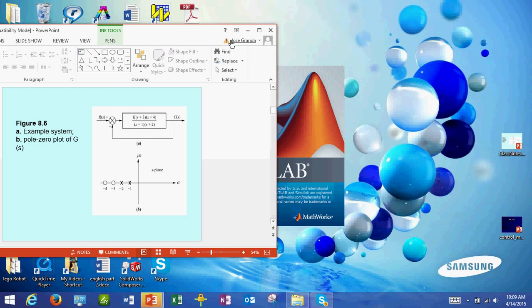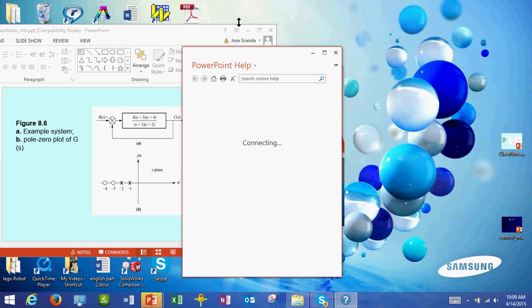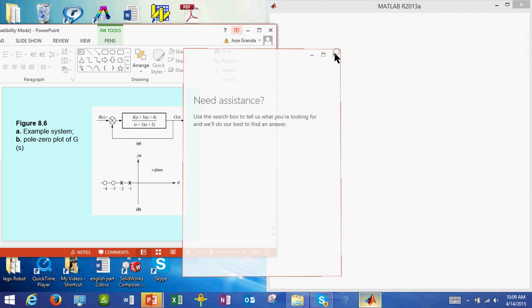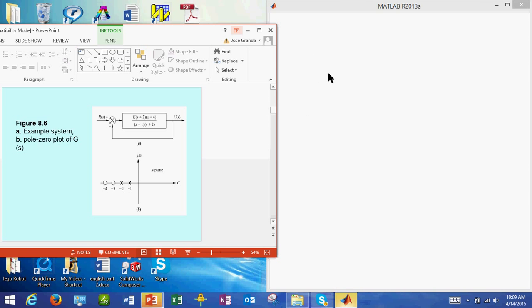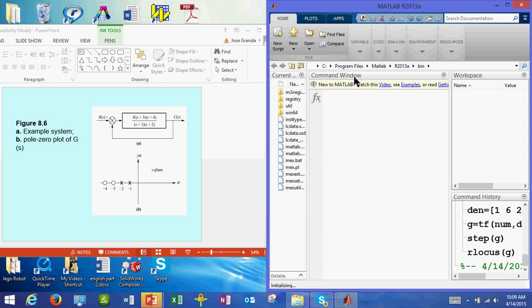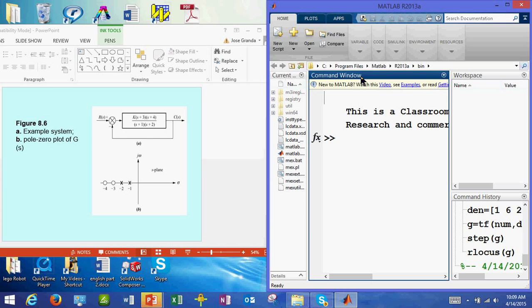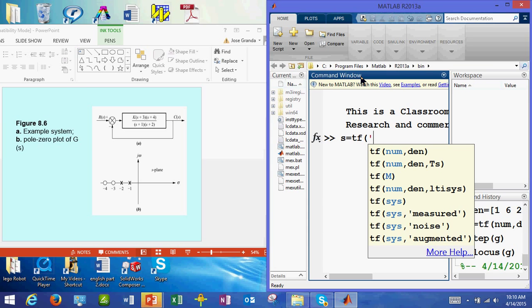So let's do it together, okay? Just go to MATLAB. Okay, so you have it in here. So here's what I recommend you do. Go and say S is equal to the transfer function, and then say S, like this.